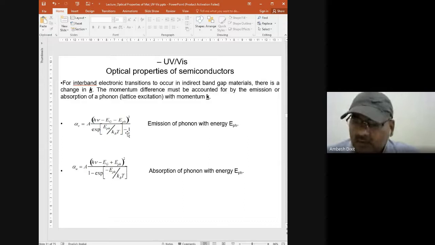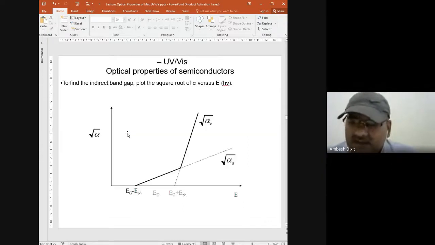But whenever my band gap is indirect, I need to be more careful. If you want to put a numeric value on your band gap, you need to take care of both the phonon emission and absorption processes, extrapolate, and then average them out to get the real band gap of your indirect band gap material.